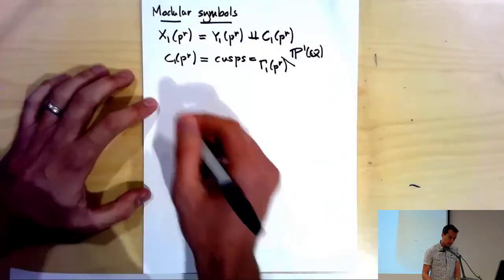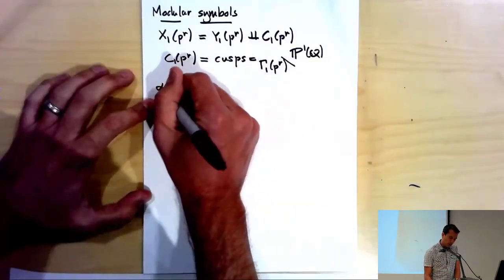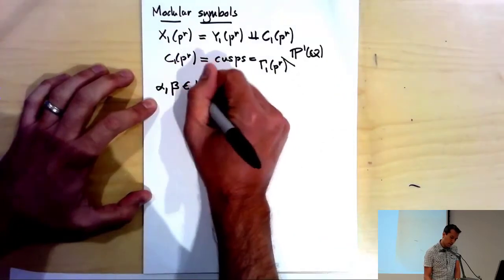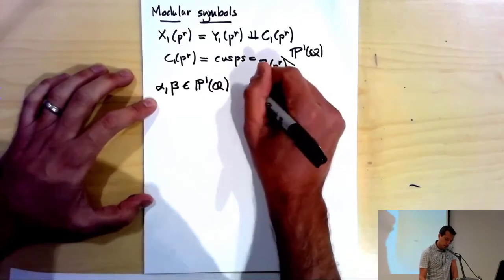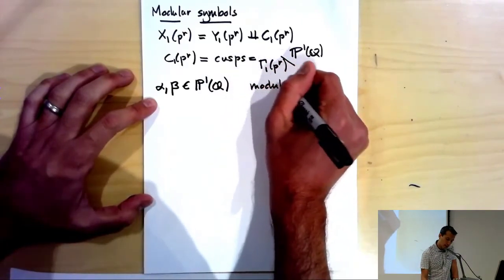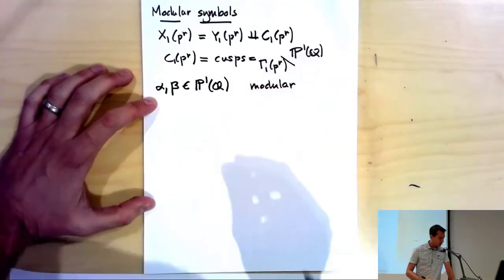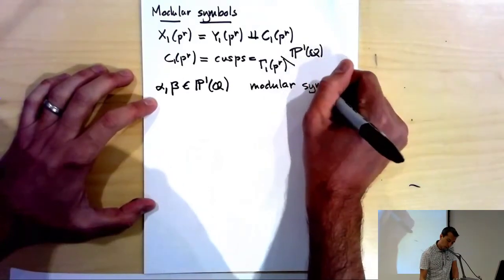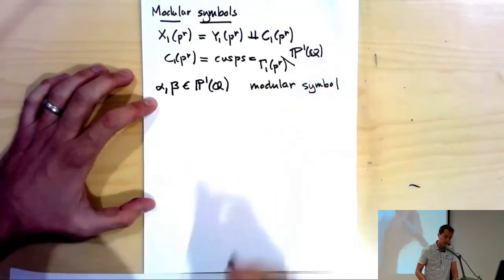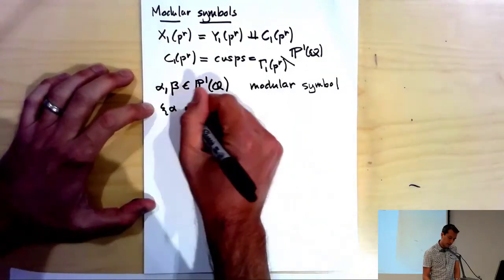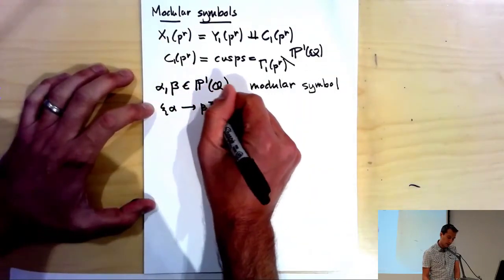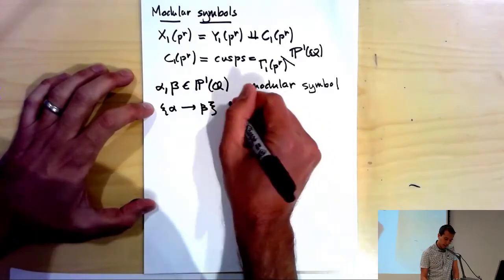So what's a modular symbol? If I have two elements of Q union infinity, say alpha and beta, a modular symbol is the class in the homology of X_1(p^r) relative to the cusps of the class of the geodesic from alpha to beta. So let me draw that.